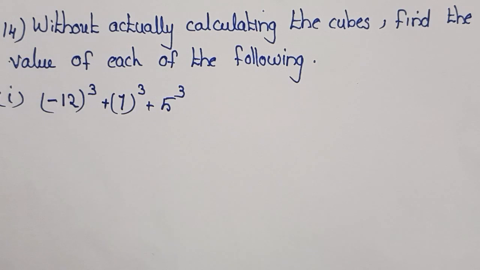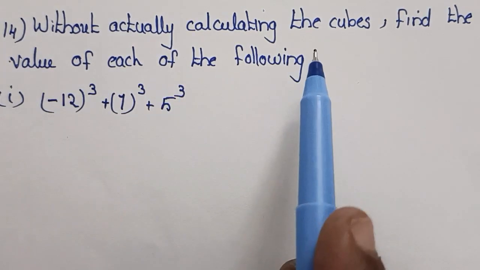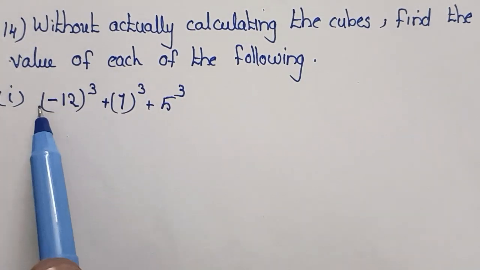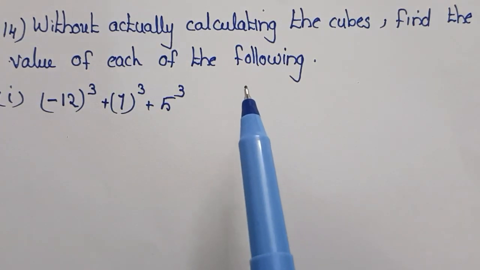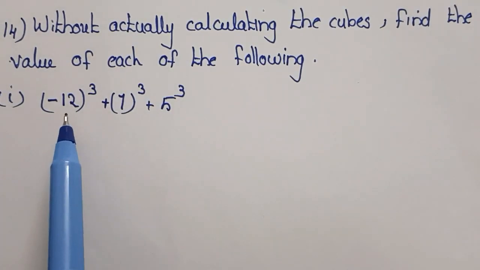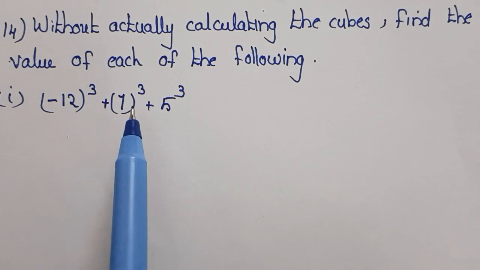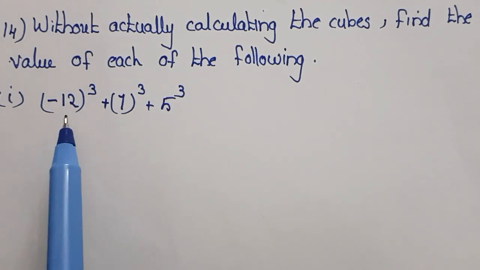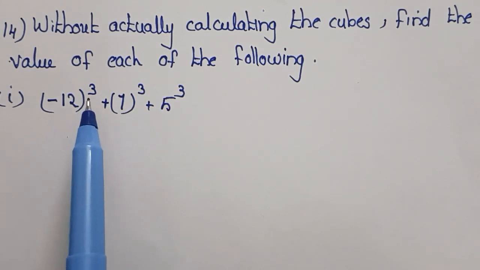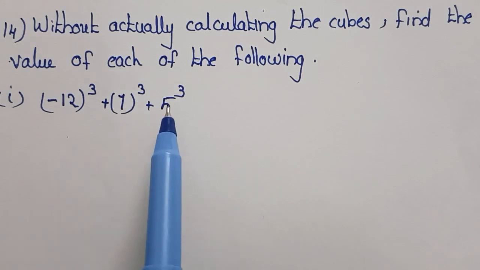14th question. Without actually calculating the cubes, find the value of each of the following. So without actually calculating the cube, we have to find the value of this first question, that is minus 12 cube plus 7 cube plus 5 cube.